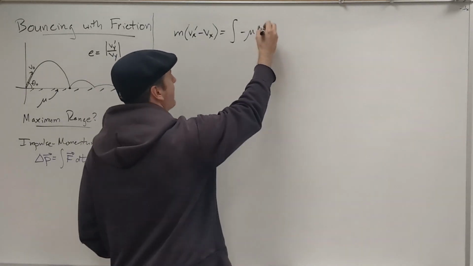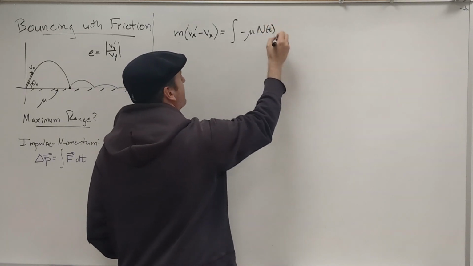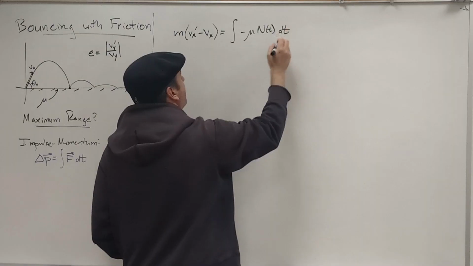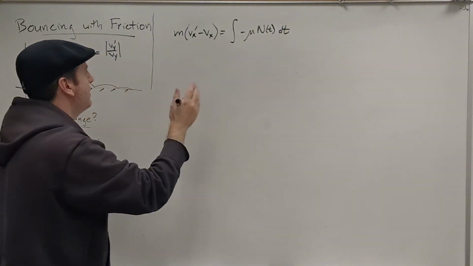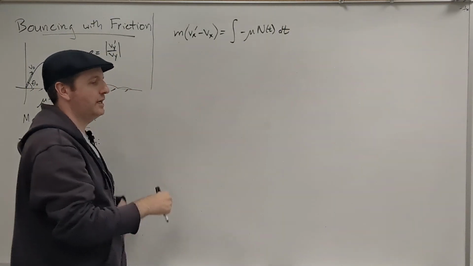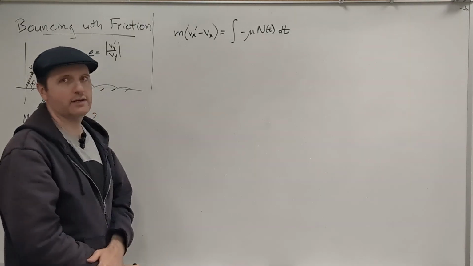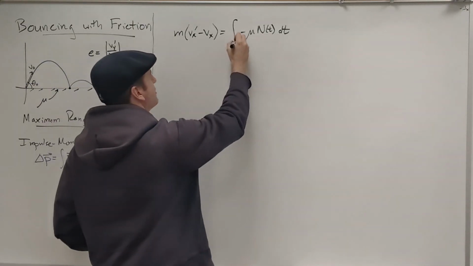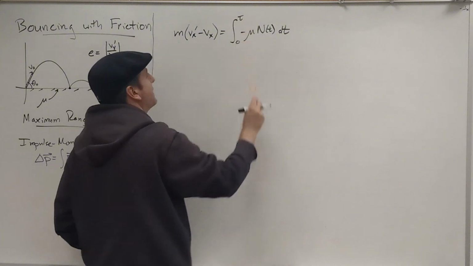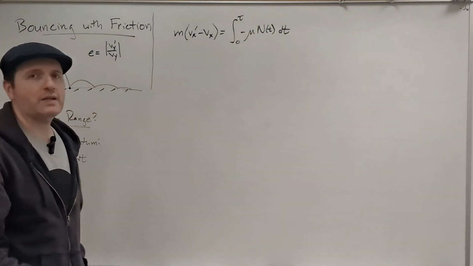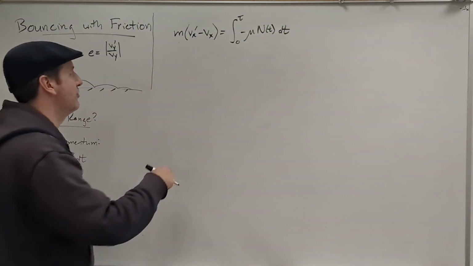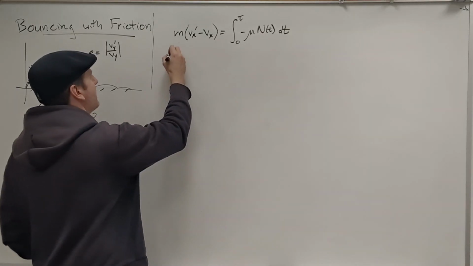We don't really know how that depends on time. I'll put N of t here, and we've got to integrate this from whatever the time interval of starting to ending for this collision, maybe I'll call it 0 to tau. It's going to turn out not to matter. We've seen this before, but I'm just reminding you where that came from.